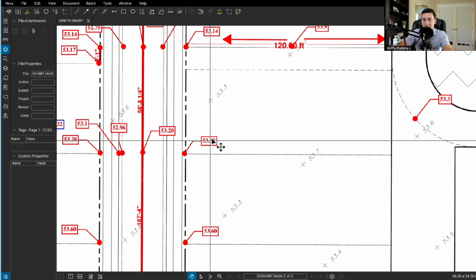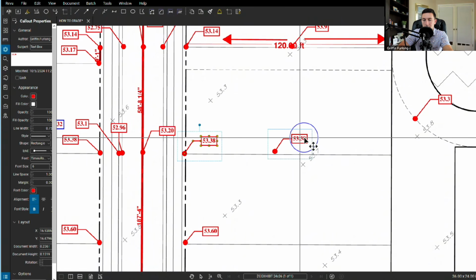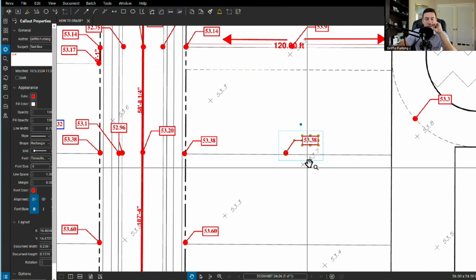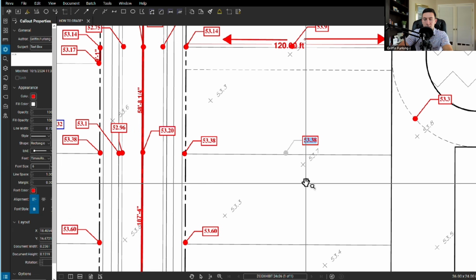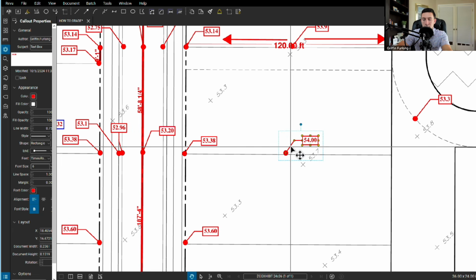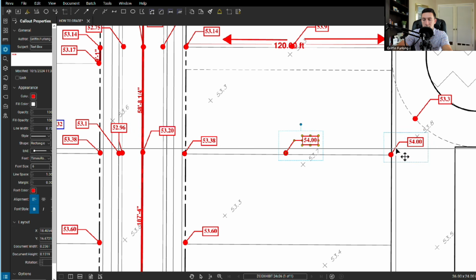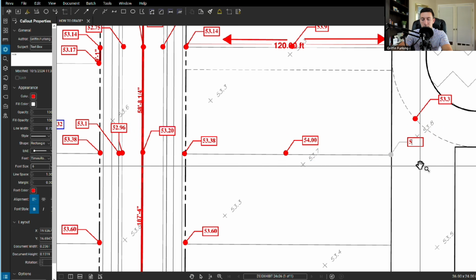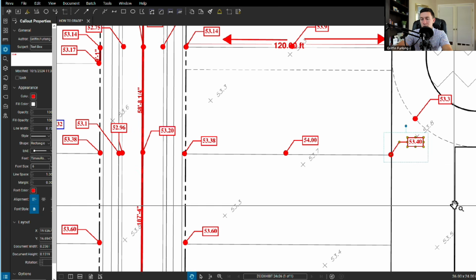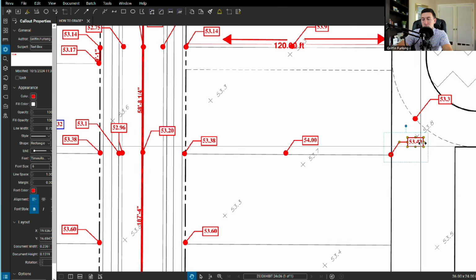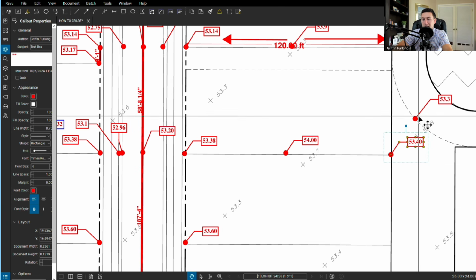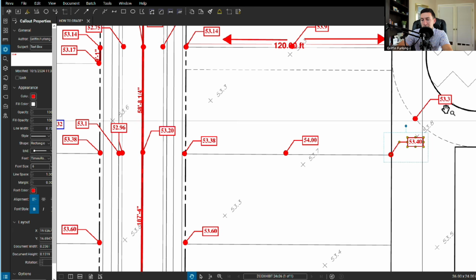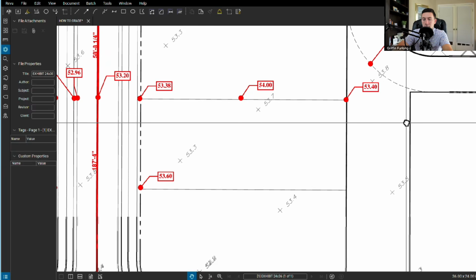So I'm going to take my minimum grade here and go up 0.6, and just for rounding sake, I'm going to do 54. Again, I'm going up 0.6 and then going down 0.6. So where does that put us? 53.4, which is actually perfect because this grade is higher than this grade, so water can pitch back to that top of bank.